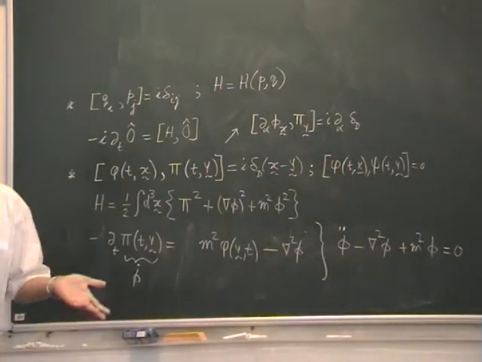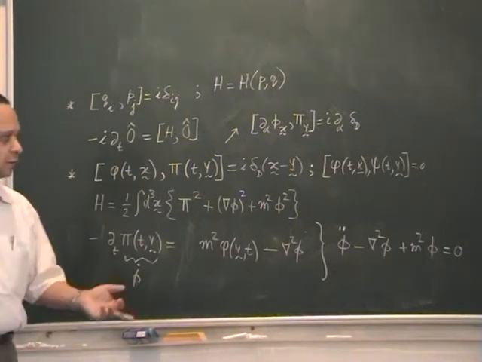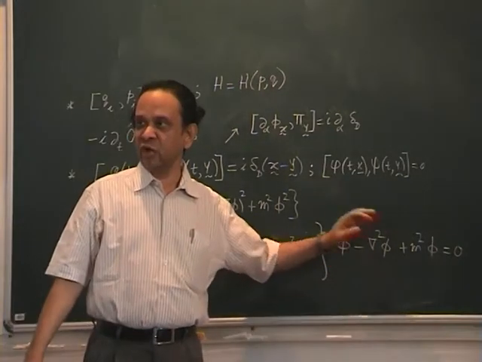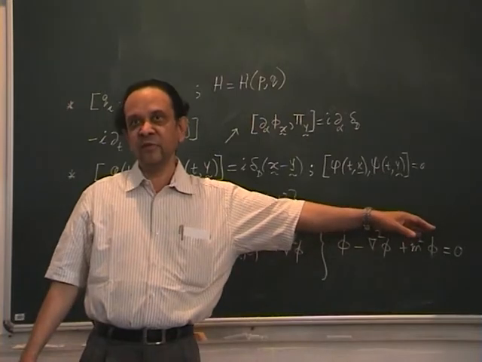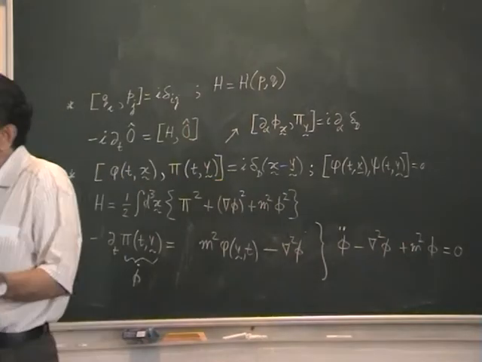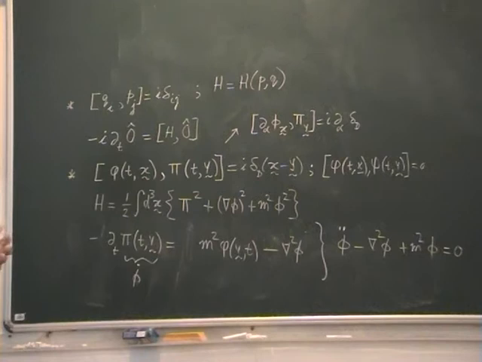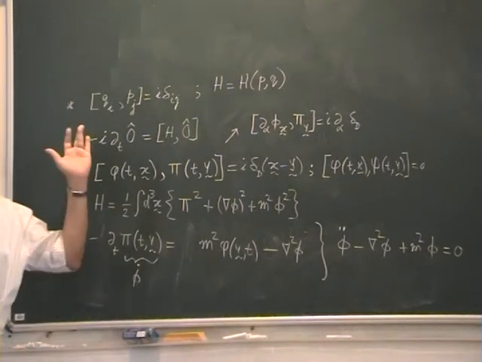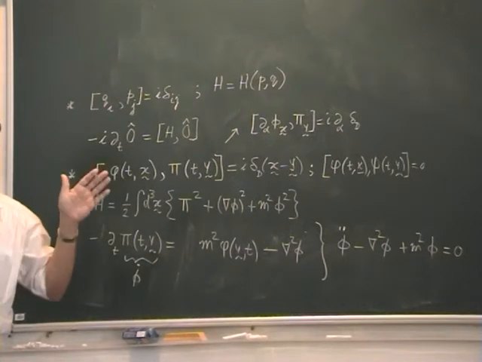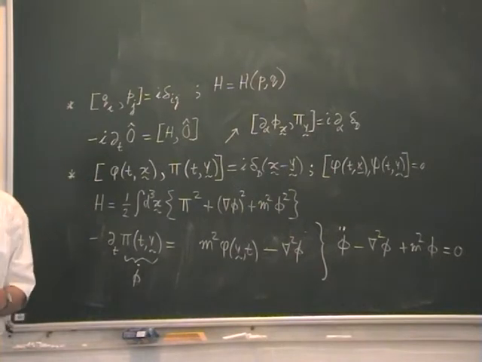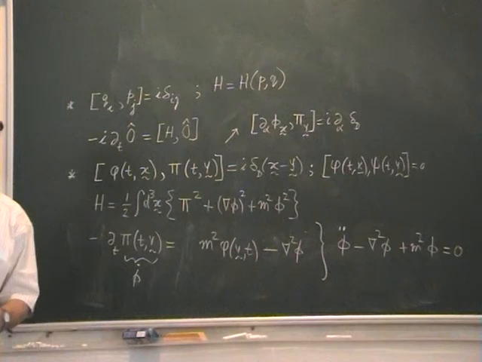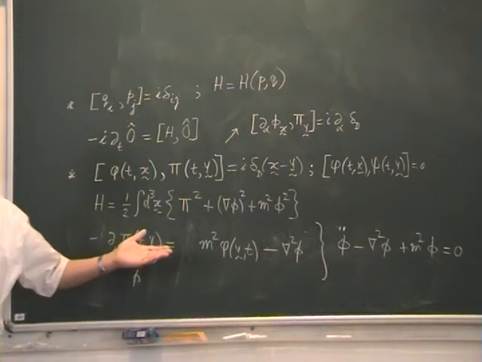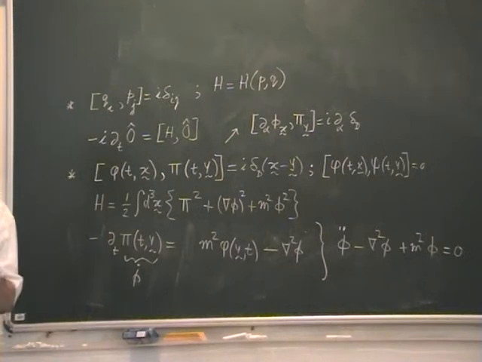This is just your Klein-Gordon equation, right? Because phi double dot minus del square is your box. It is box plus m square phi is equal to 0. So at some level, this is an elaborate way of getting something which we know. You might as well have written down the action, and from the action you could have written down the field equation, and you could have said that I am going to upgrade the field equation to an operator status. But the reason we did it like this is because this is what the Heisenberg picture asks you to do.